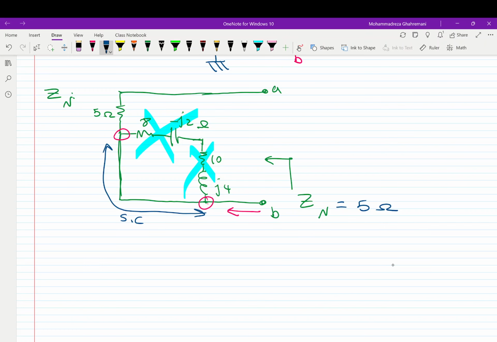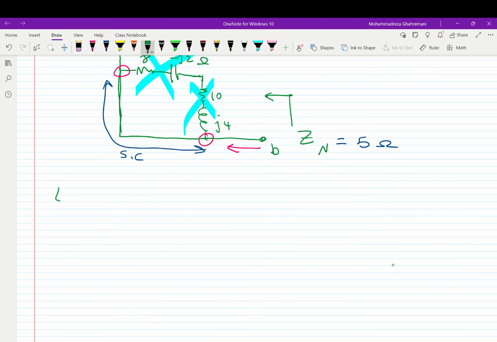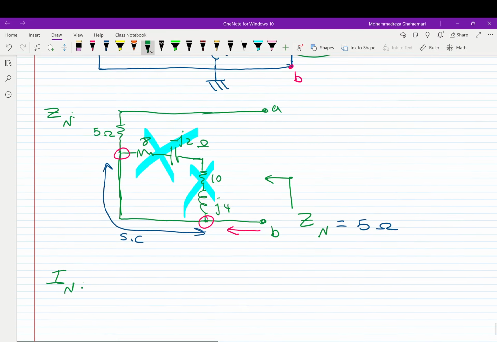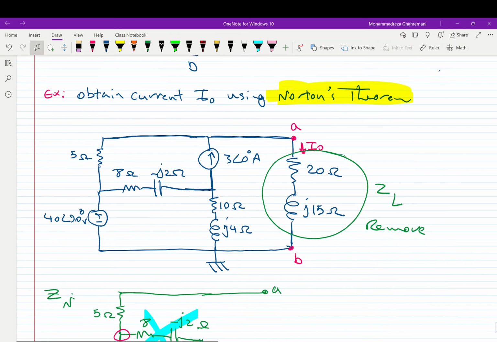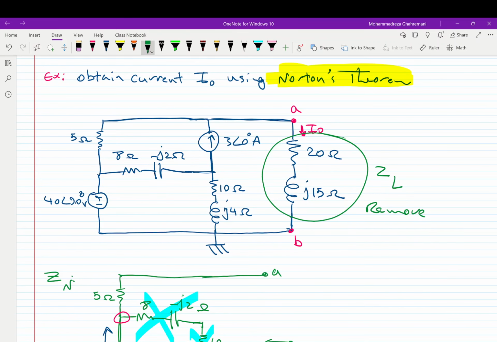Now let's move on and solve for the Norton current. If we look at the circuit again, we keep all the sources.